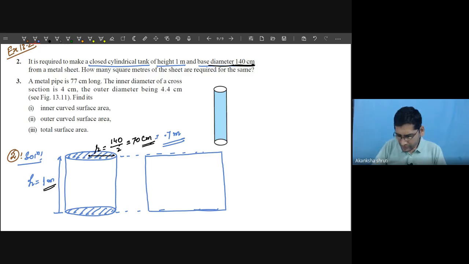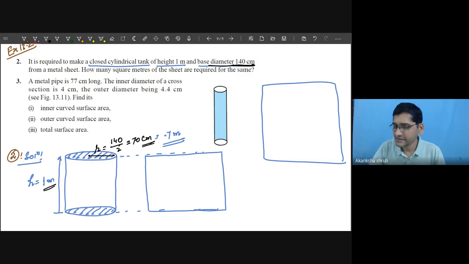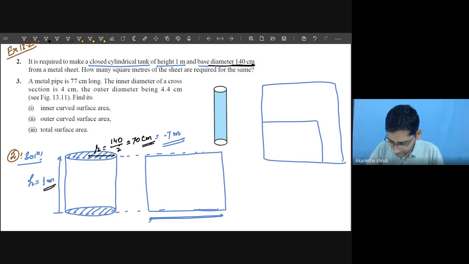Now this box has to be made from a bigger sheet, whatever the sheet dimension may be. From that sheet, you need to cut one such rectangle for making the curved surface. What will be the length?